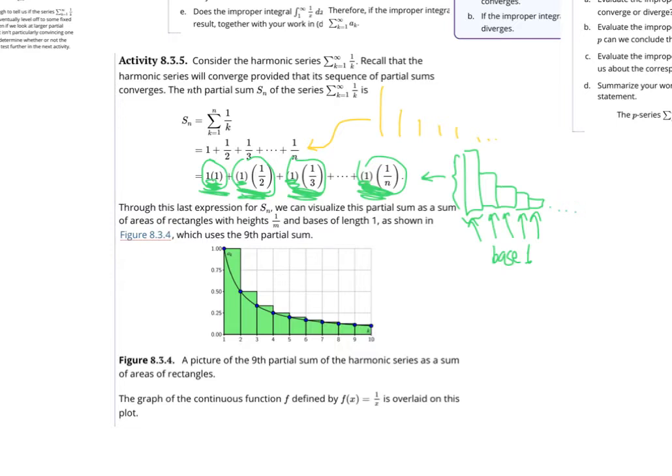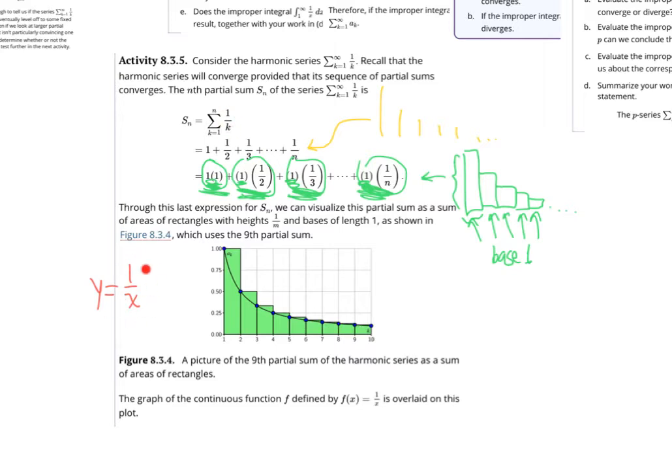Hopefully that analogy makes sense, that we're thinking of each term as the area of a rectangle. And we make the observation that the heights of these rectangles are all the function values of this function for different positive integers. Now notice we don't just have rectangles in this image, we also have a curve. And this curve is the curve y equals 1 over x. Notice the connection between 1 over x and 1 over k.